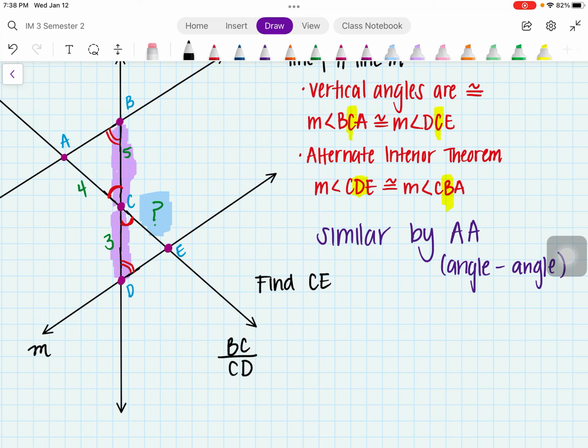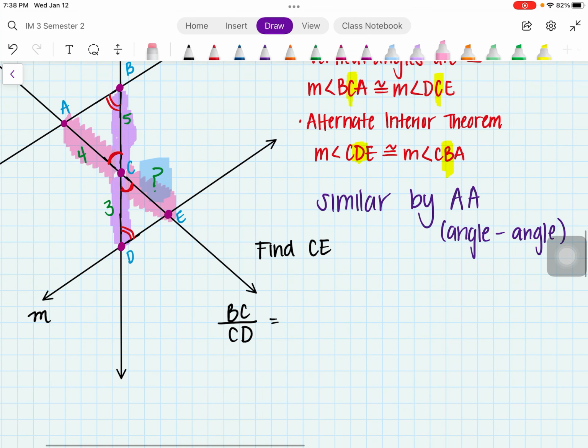So I will be putting BC over CD equal to the corresponding side of AC with CE. All right, so this is AC over CE.